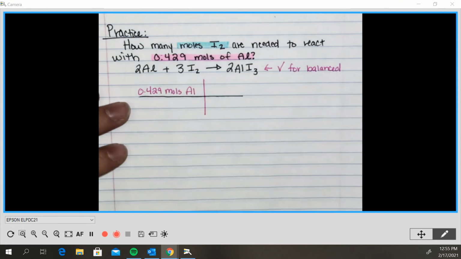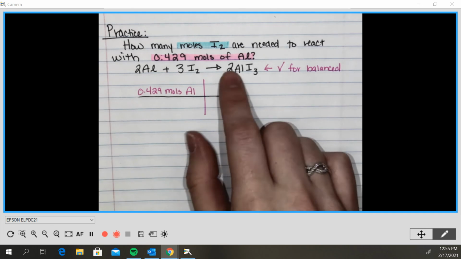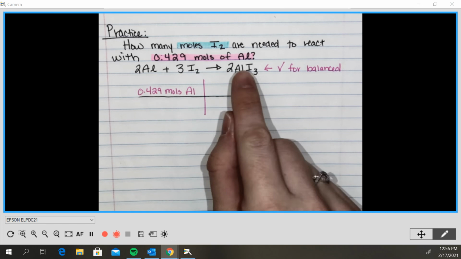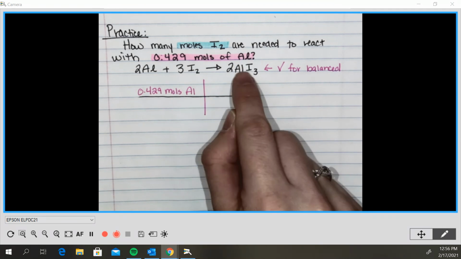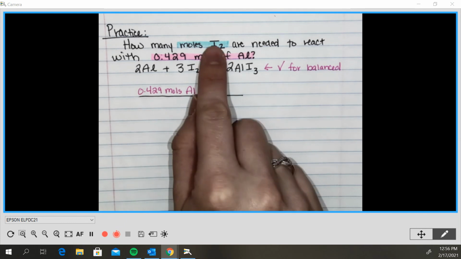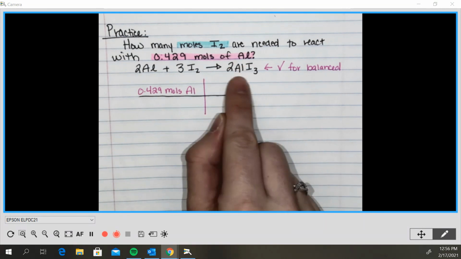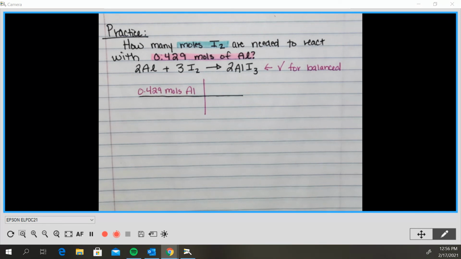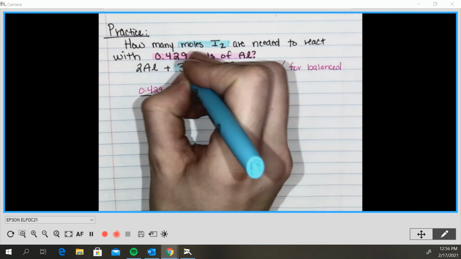Next, we need to figure out our coefficients. It's very important that you are specifically looking for the correct thing. So you would look for I2, not I3, or you'd look for Al, not AlI3. Does that make sense? We're specifically looking for those two things, not them in combination with something else. So I2, we've got right here.